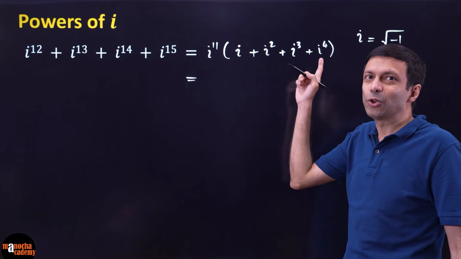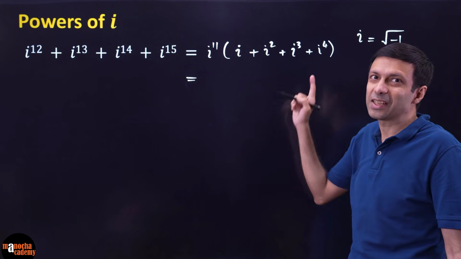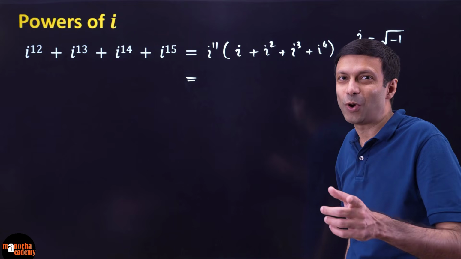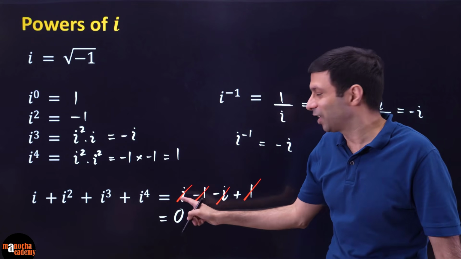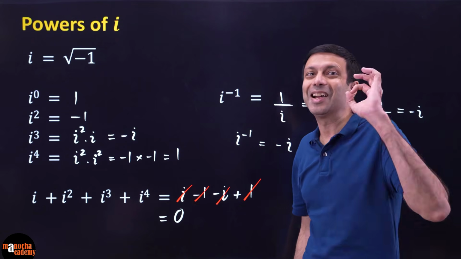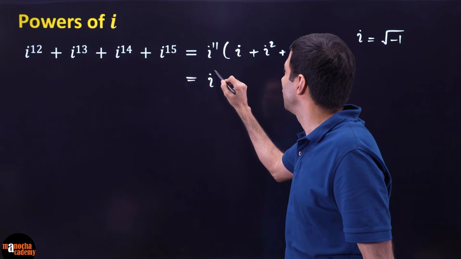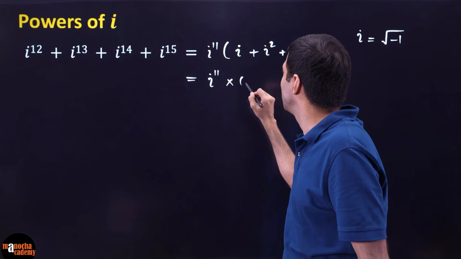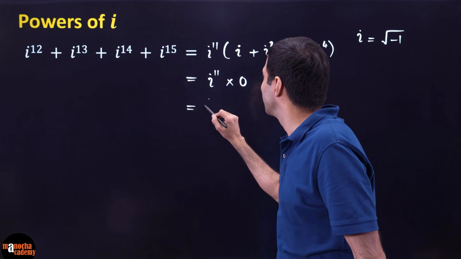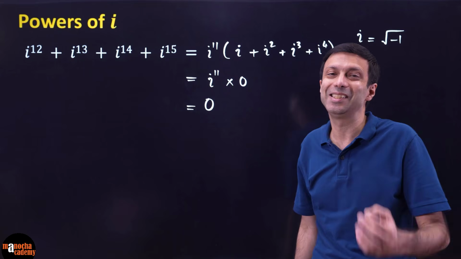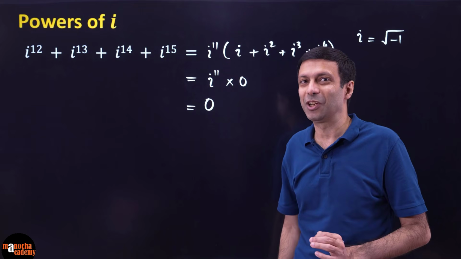And guys, we just looked at this. I plus I square plus I cube plus I to the power 4 is what? You remember, we just found this out. The answer is 0. So all you have to do is substitute 0 here. I to the power 11 times 0. So the final answer is going to be simply 0. Such an interesting question.